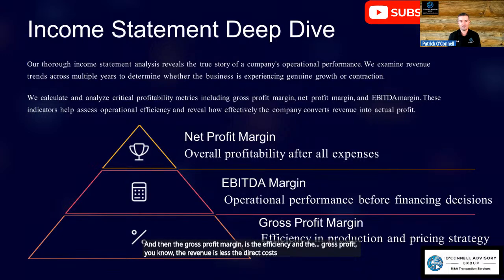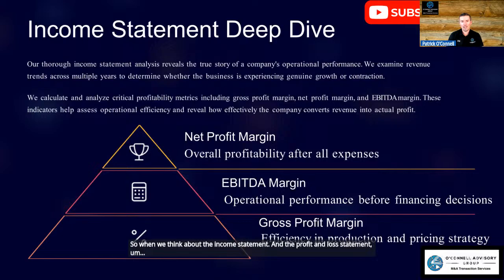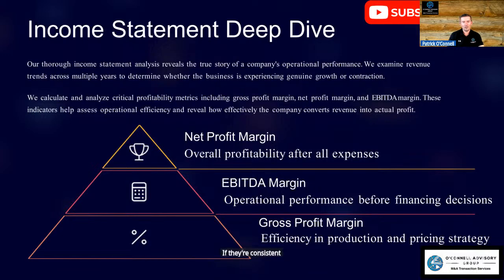So when we think about the income statement and the profit and loss statement, what we're looking at is the margin level. Whenever I look at a P&L, I will immediately go to the margins and start to calculate margins on a monthly basis or an annual basis to see if they're consistent with the historical period.